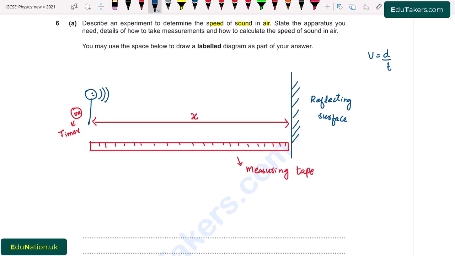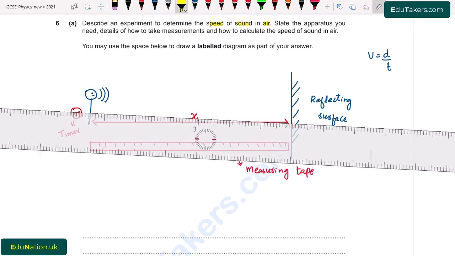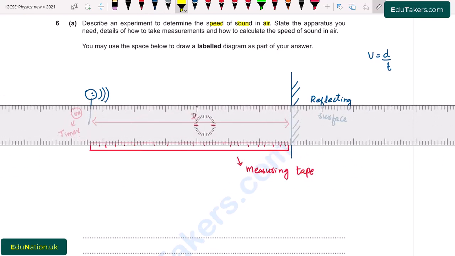So in this experiment, first of all, the observer produces the sound, and these sound waves travel towards the reflecting surface just like this. The sound wave travels from the observer to the reflecting surface, and then these waves are reflected from the surface and come back.